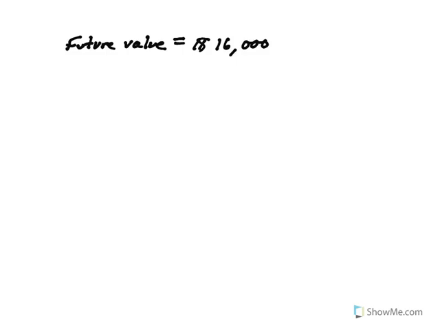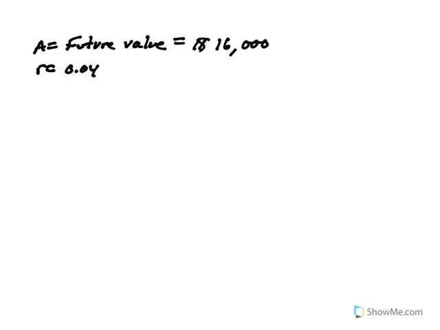And we also want to know the rate. By the way, the future value is going to be A, right? So A equals future value, which equals $16,000. The rate we said was 4%, so we're going to convert that to a decimal, 0.04.